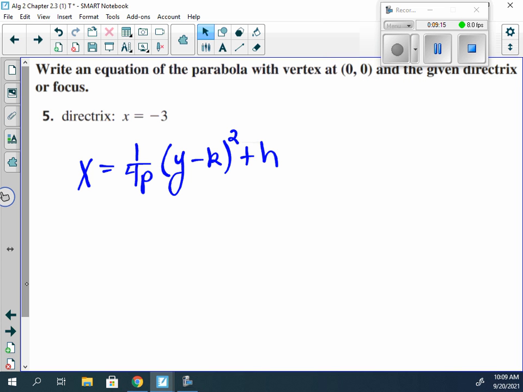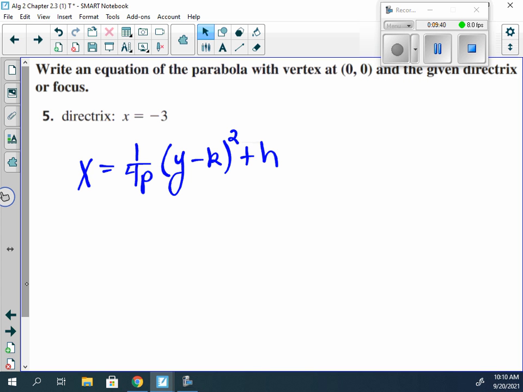What variables inside the parentheses? Because we do have 2, but our main one is y, yes? Y is dealing with what? Up or down or left and right? Up and down, yes? So the vertex, h and k, which one deals with our vertical? K, yes, because y and k would go together, yes? So I have y minus k on the inside.